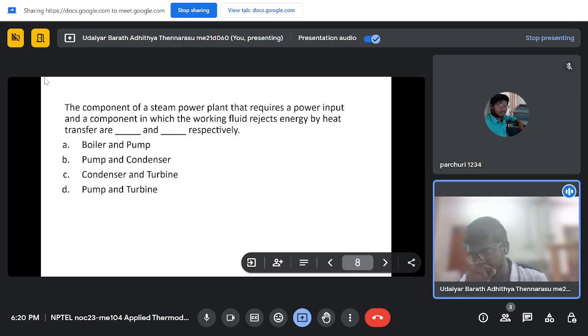So moving on, we have the component of a steam power plant that requires a power input, and a component in which the working fluid rejects energy by heat transfer, are dash and dash. One which requires power input, and one which rejects heat, out of the four components.